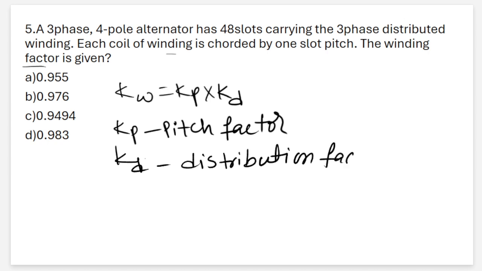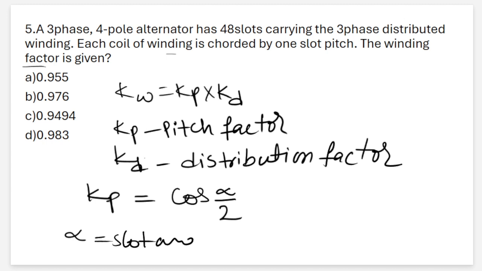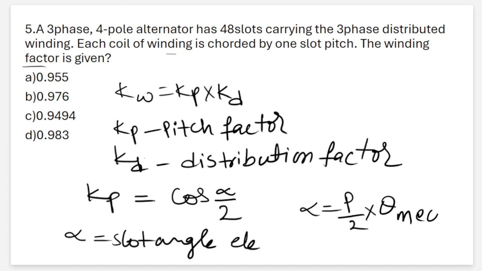For Kp, the formula is Kp is equal to cos(alpha/2), where alpha is the slot angle in electrical degrees. So slot angle in electrical is equal to P by 2 into theta mechanical.